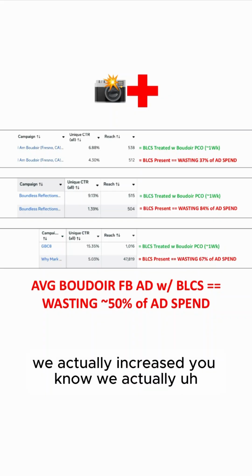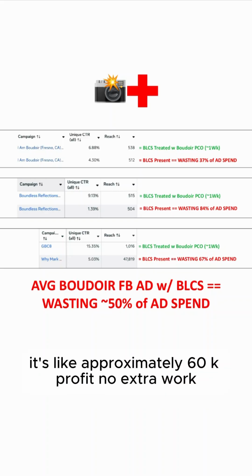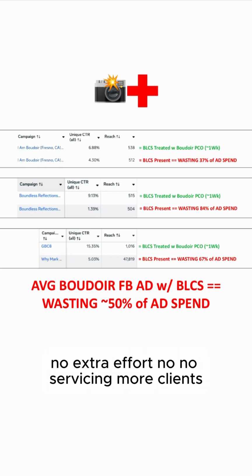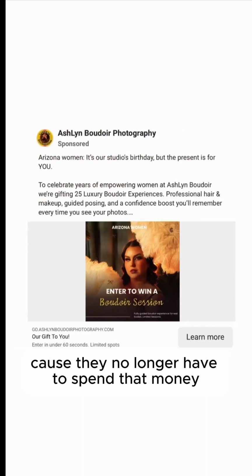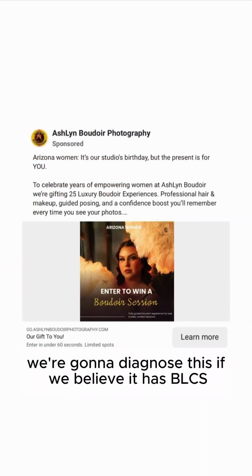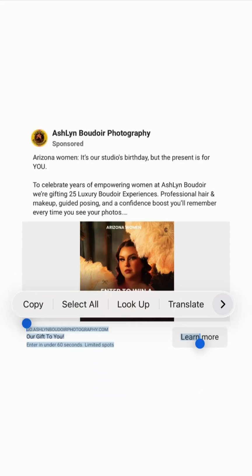At the end of the year, it's like approximately a 60K profit. No extra work, no extra effort, no servicing more clients, no more fulfillment, just being more efficient with money. Now we're gonna diagnose this if we believe it has BLCS, aka Boudoir low click syndrome.